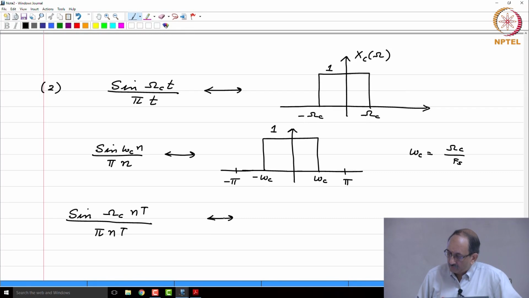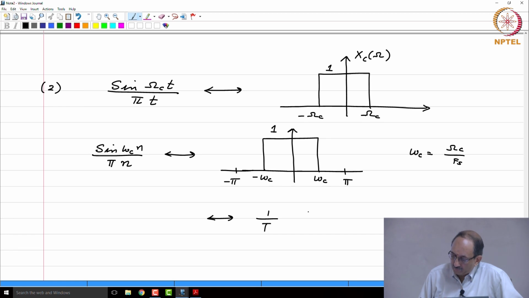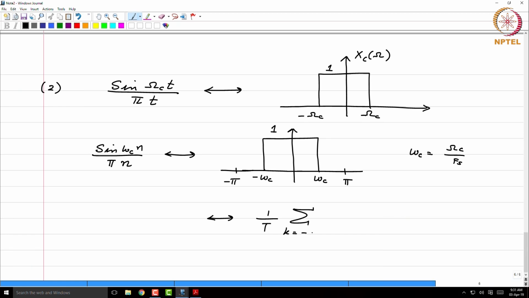And now, this is the sequence. The corresponding impulse train sampled signal will be 1 over T, sum over k going from minus infinity to plus infinity, of rect(Ω − kΩs), where rect stands for this rectangular function between minus Ωc to plus Ωc.